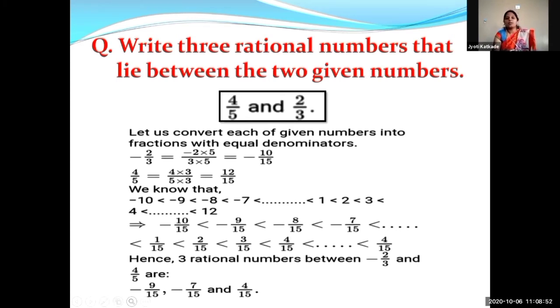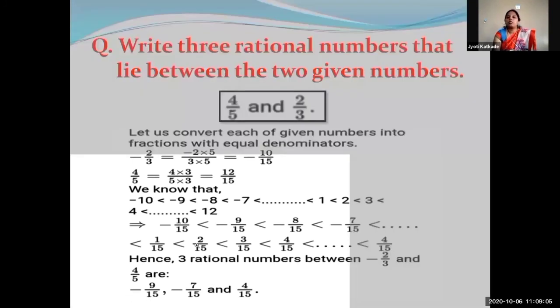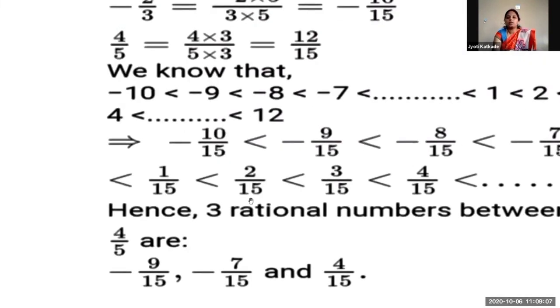Multiply -2/3 by 5. There is the value -2 upon 3 in the question. So we get 5 2s are 10, that is -10, and 3 5s are 15.